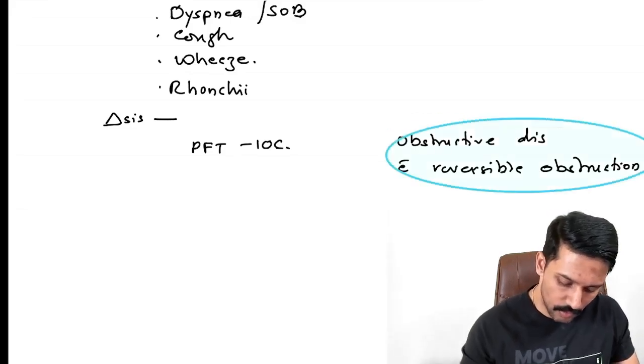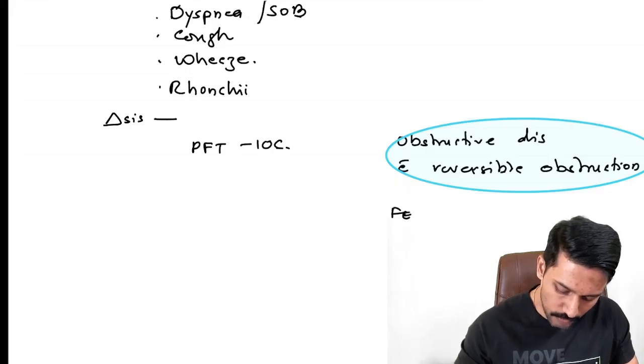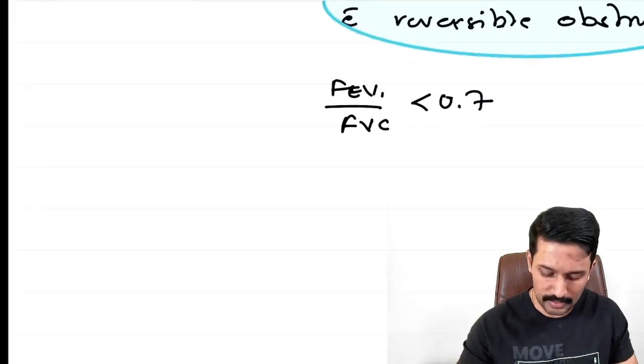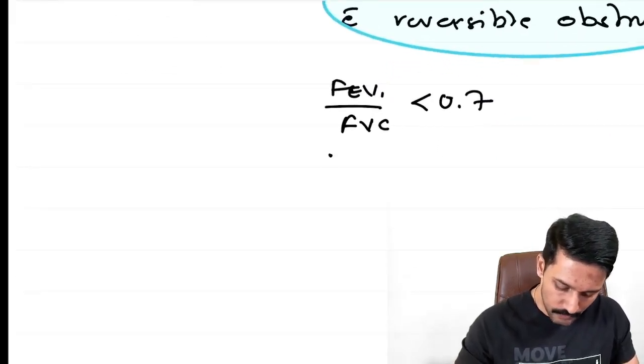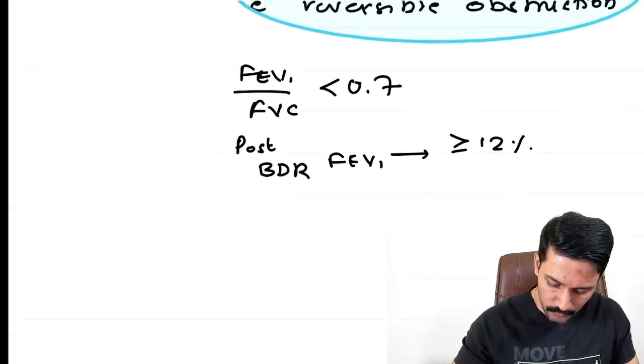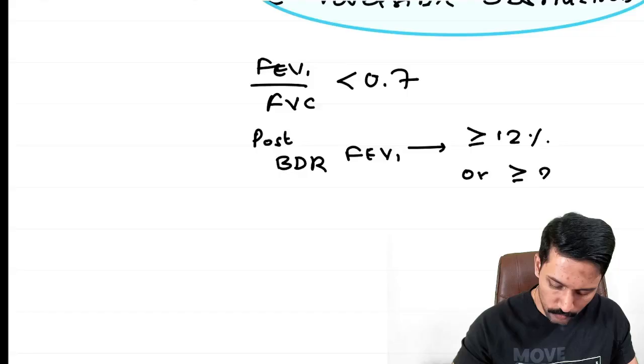If there is obstructive disorder, FEV1 by FVC ratio will be less than 0.7 or less than 70%, and post BDR FEV1 is expected to show more than or equal to 12% or more than or equal to 200 ml increase.